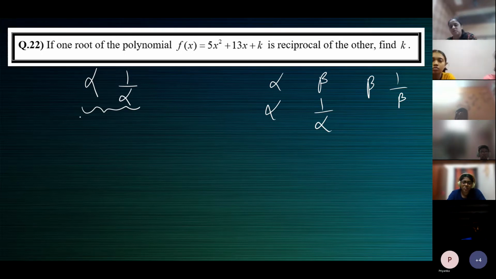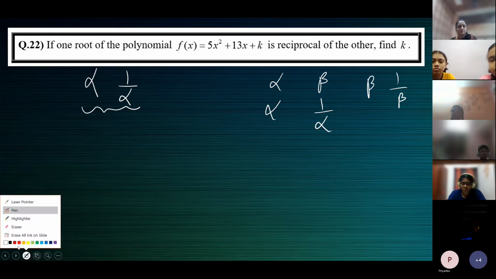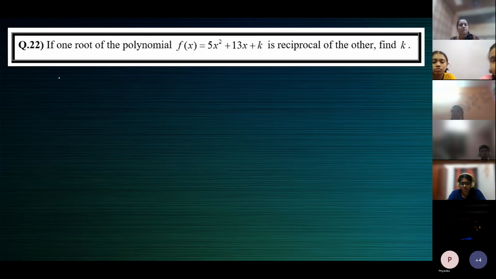One zero is the reciprocal of the other. So if you call one zero alpha, the other zero is 1 by alpha.